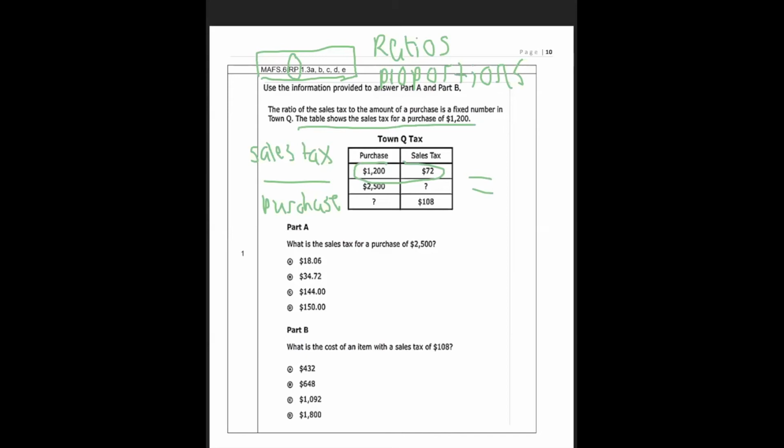But I do know it for this. So it can be 72 over 1,200, because it's the only one we know. We put sales tax on the top, 72, and the purchase price on the bottom, 1,200. So that's how you set it up.